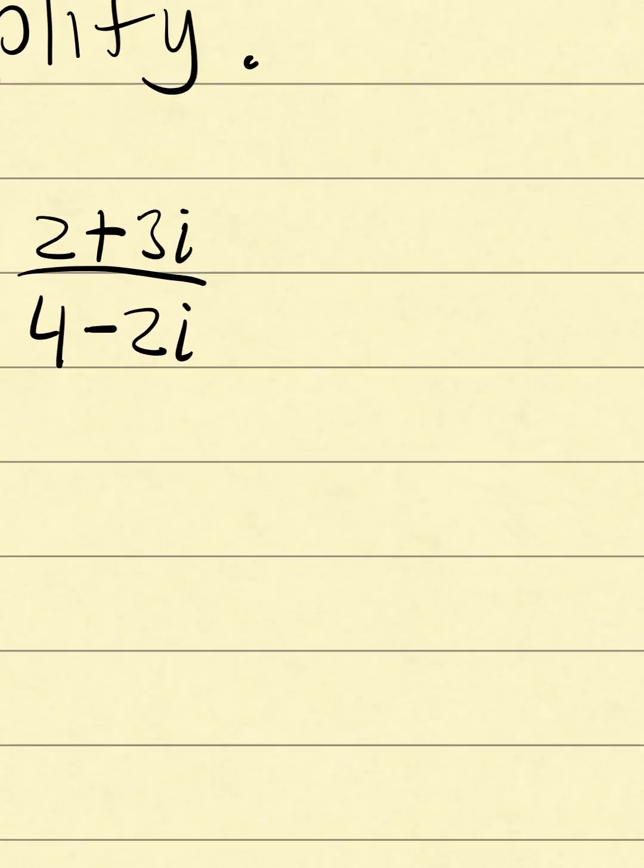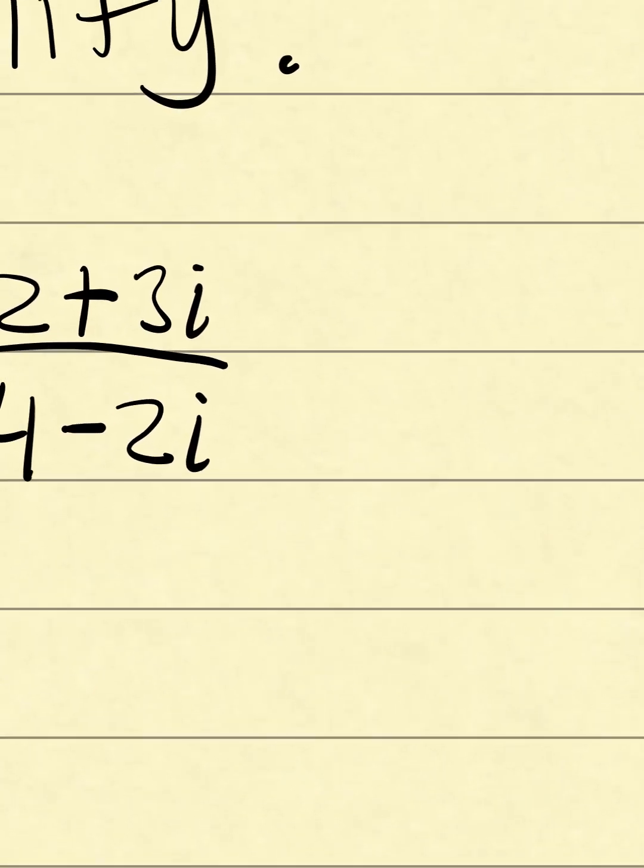Now number 19. This is a division problem. How do we simplify something like this? Remember, we don't want i's in the denominator. So how do we get it out? You want to multiply the top and the bottom by what?